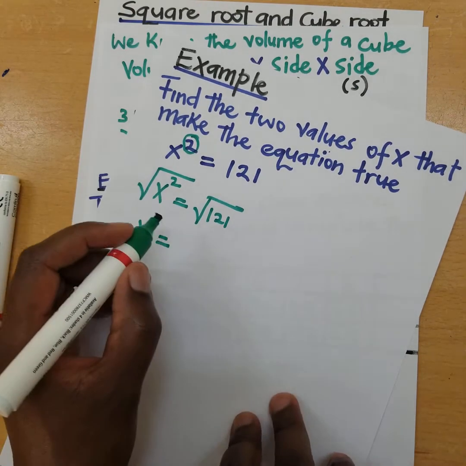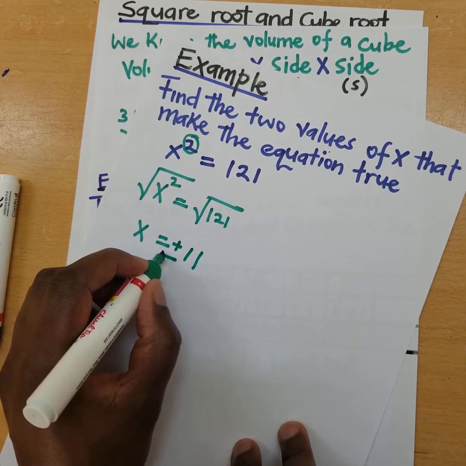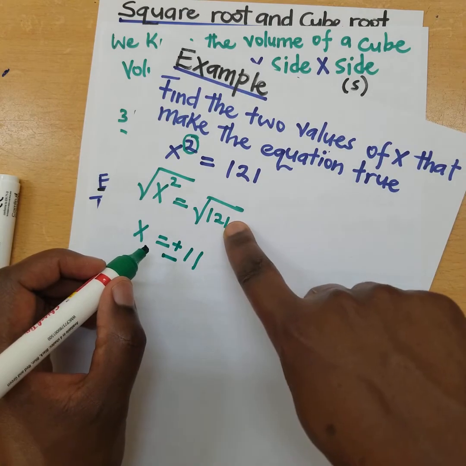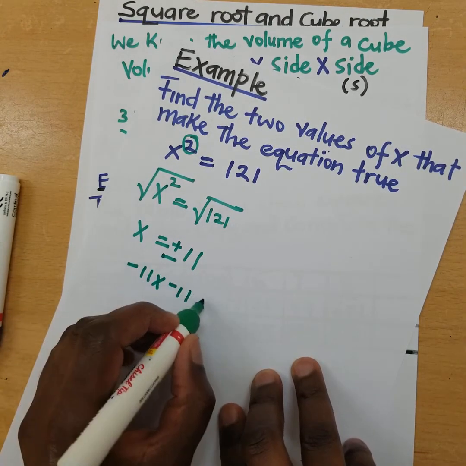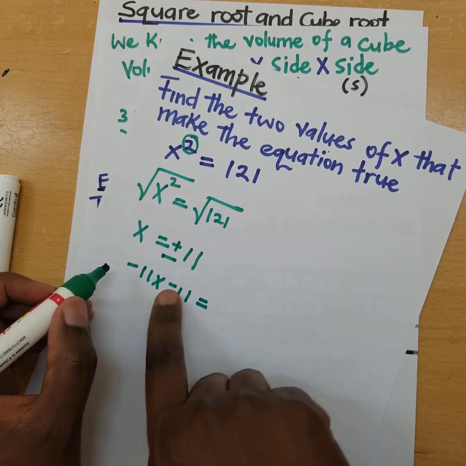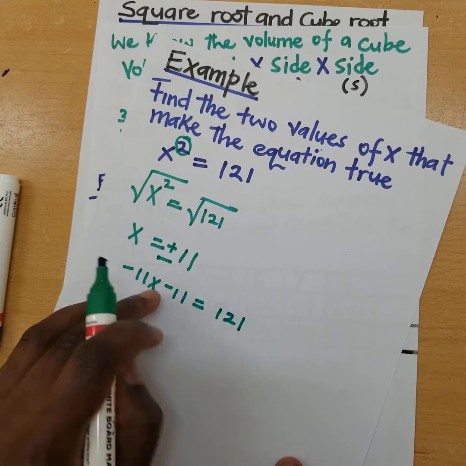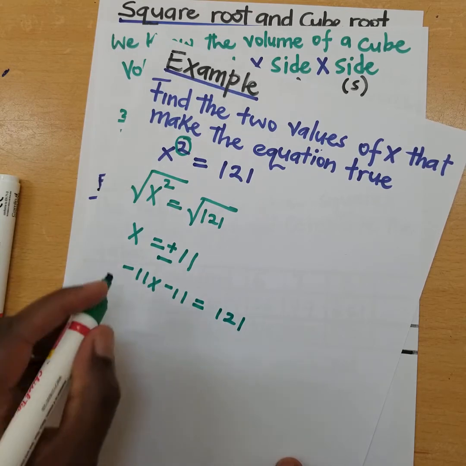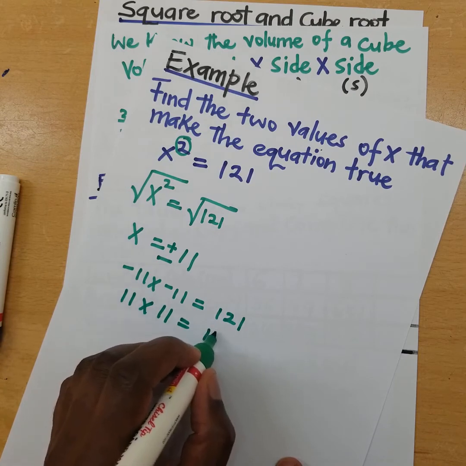But you should know that whether it is positive or negative, it will give you the same answer. If it is negative 11 times negative 11, a negative and a negative cancel, and it will give you 121. If it is positive, it will still be 121.